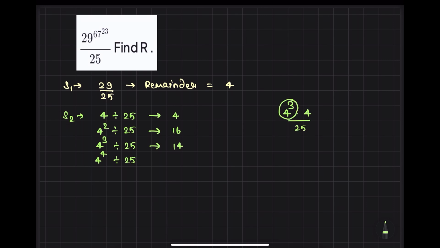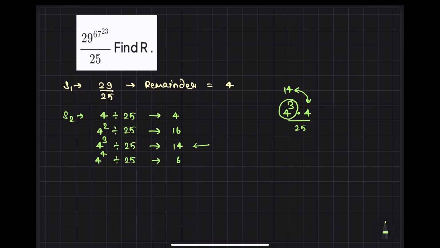You know that 4 power 3 divided by 25 gives remainder 14. So this and this will be multiplied because it is a product, so it is 56. If you divide 56 by 25, you will get remainder 6.